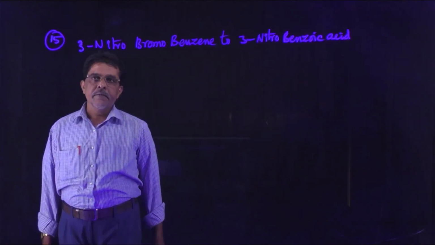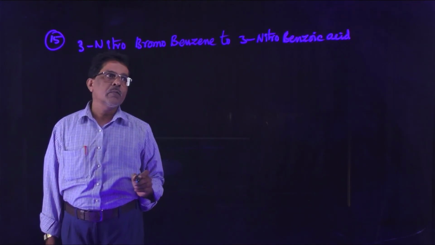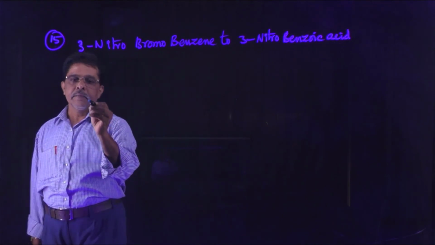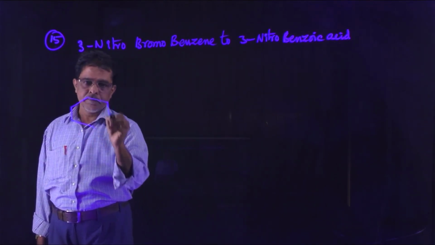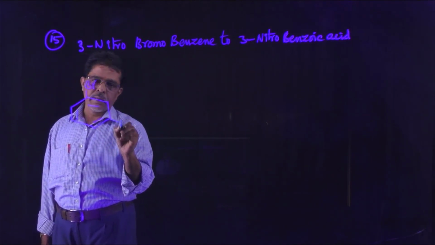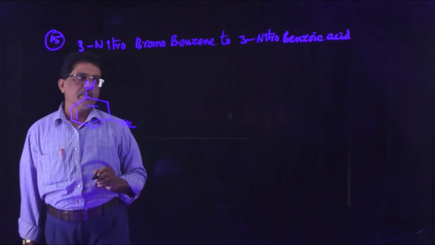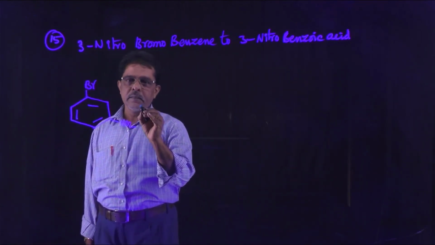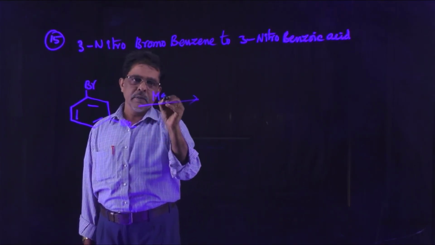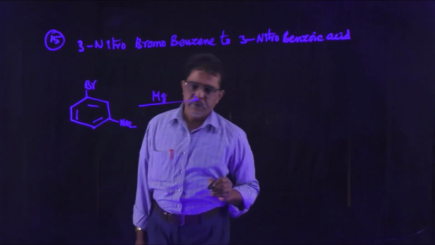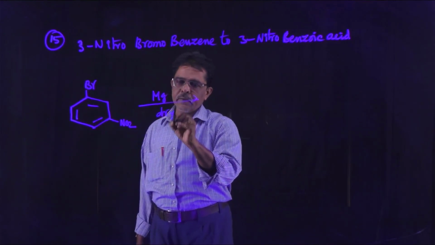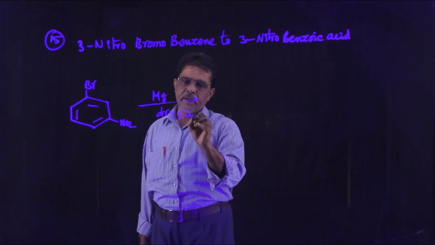Right, understand? Next one is 3-nitrobromobenzene to 3-nitrobenzoic acid. So here is bromobenzene, here 3-nitrobromobenzene. First of all, this bromobenzene is converted into aryl Grignard reagent. So aryl halide reacts with magnesium metal in the presence of dry ether.